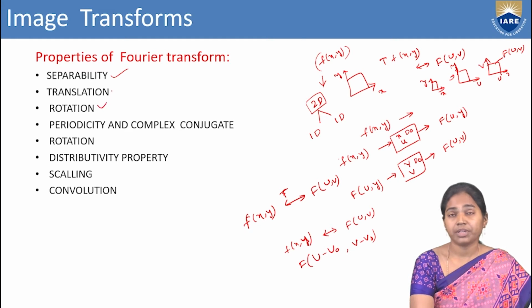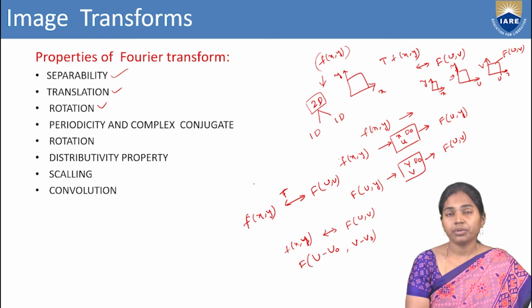What is meant by rotation? Rotation is nothing but the image rotating. Here f of x comma y, with x and y, we apply the transformation function, and it is F of u comma v. This is the input.